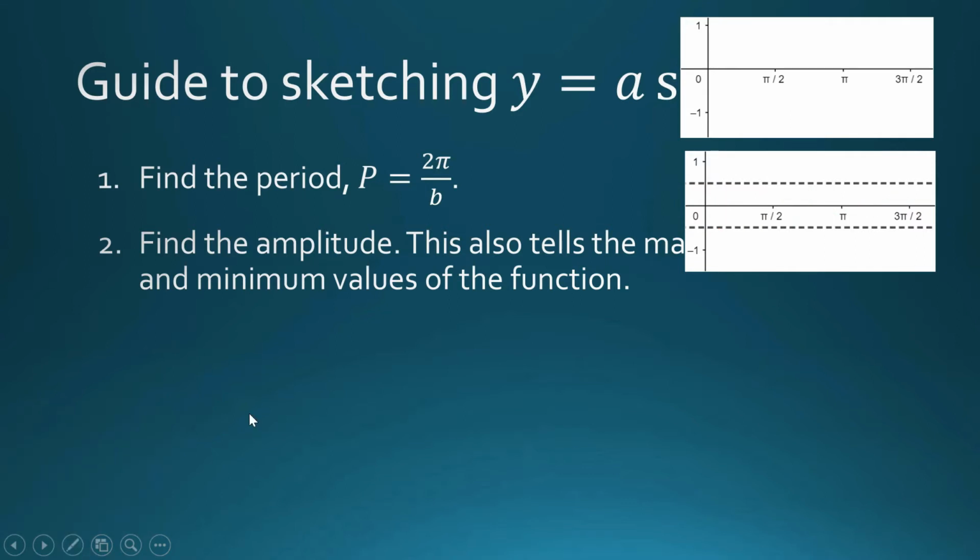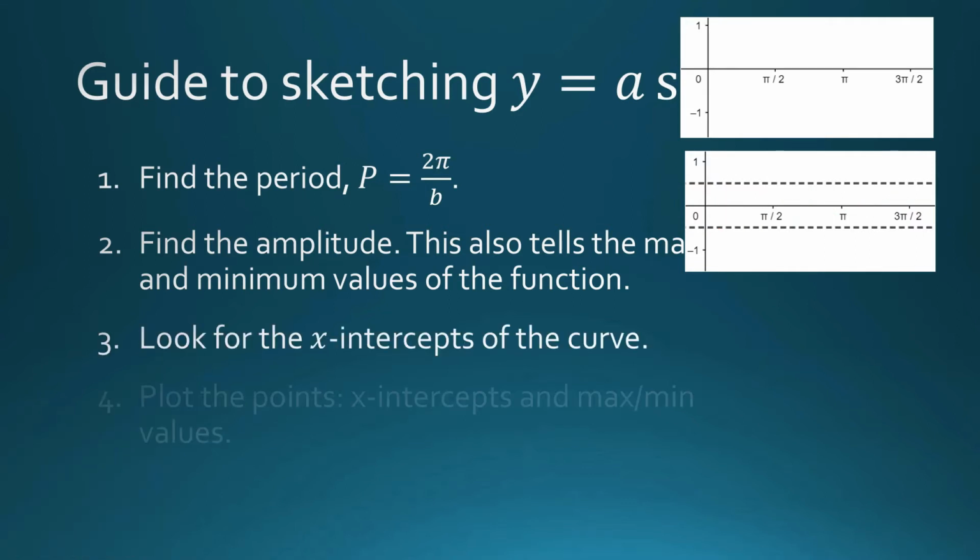So what do you do next? Well, you look for the x-intercept. The x-intercept is where your function will intersect the x-axis. And then you plot the points. You don't plot all the points, okay? What you do is you plot the x-intercepts and what?